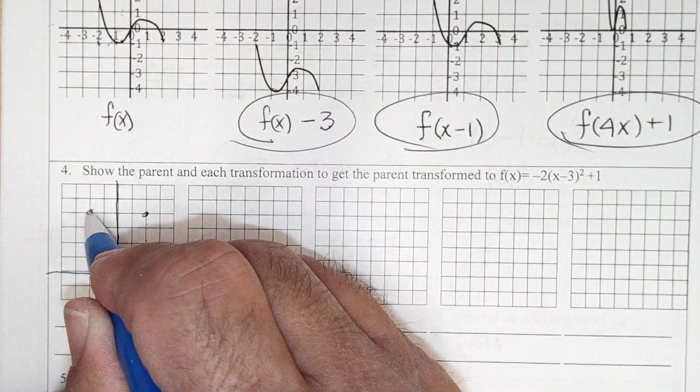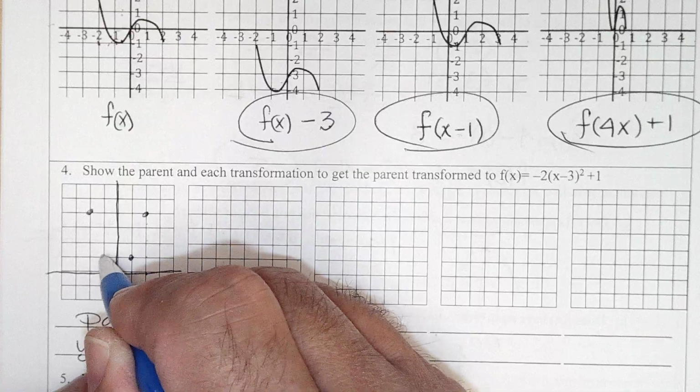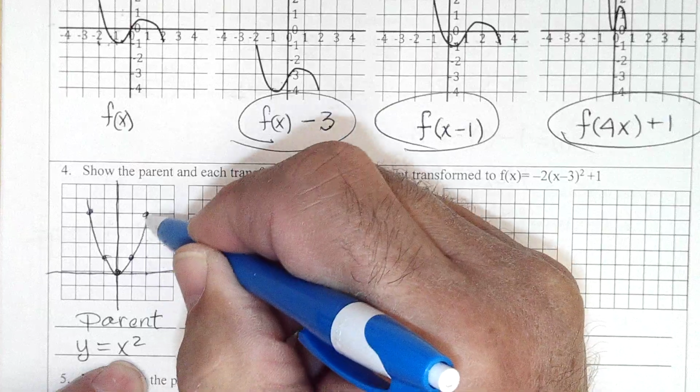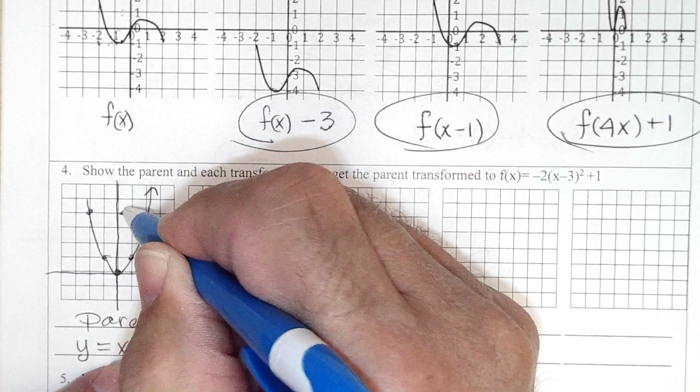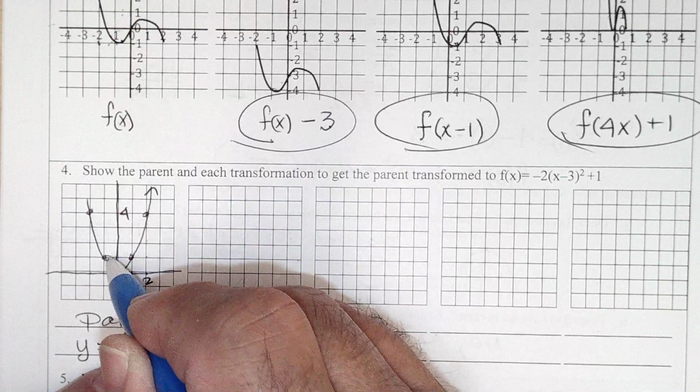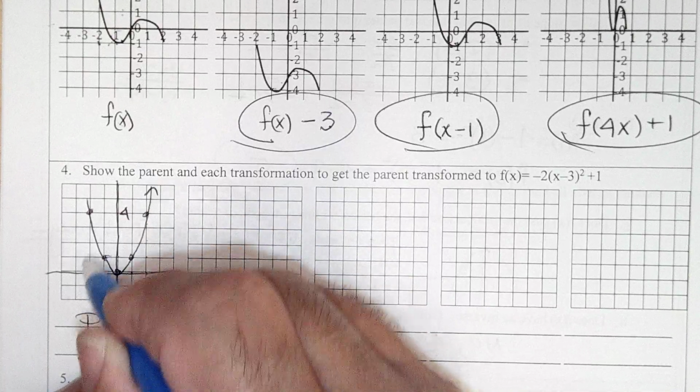And negative 2 squared is 4, and negative 1 squared is 1. I'm really looking to see that you know how to get those 5 points: 2, 4; 1, 1; 0, 0; negative 1, 1; negative 2, 4.